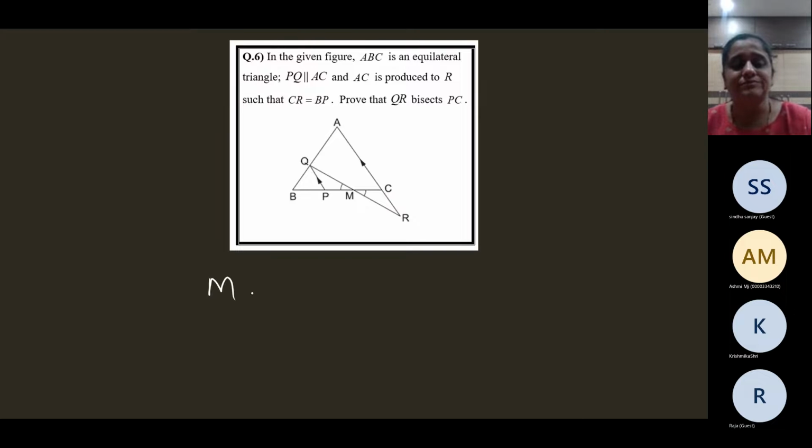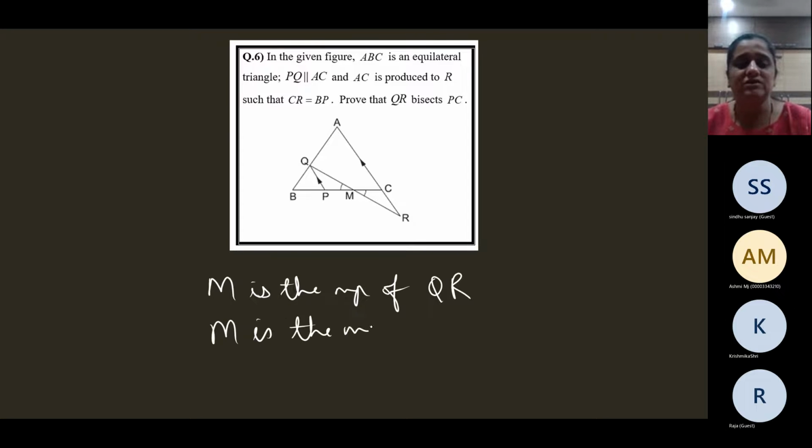Should you prove that M is the midpoint of QR, or should you prove that M is the midpoint of PC? Which is correct, or both are wrong?